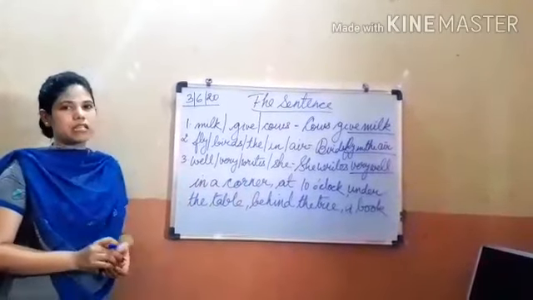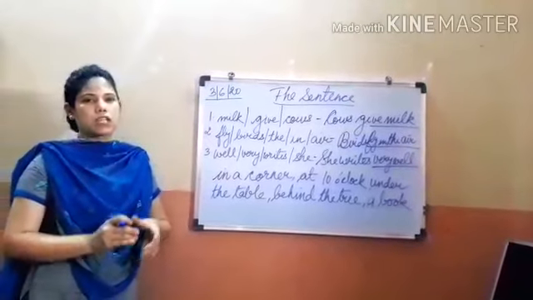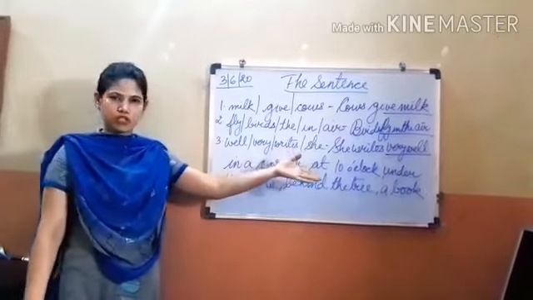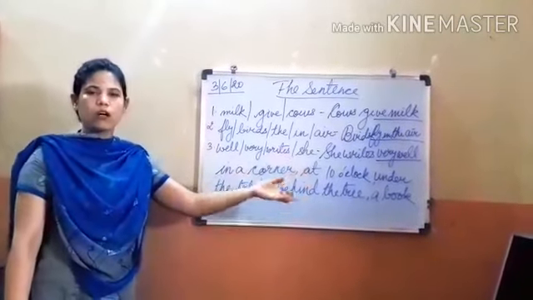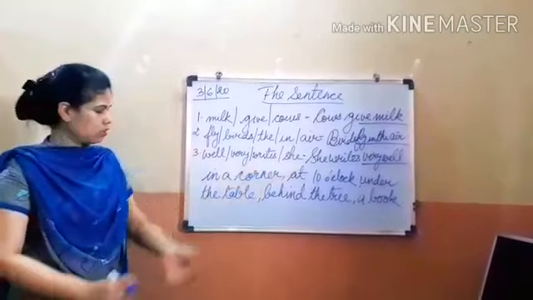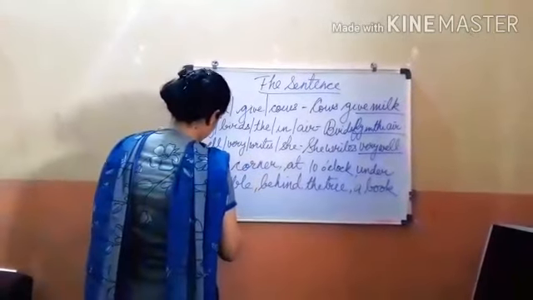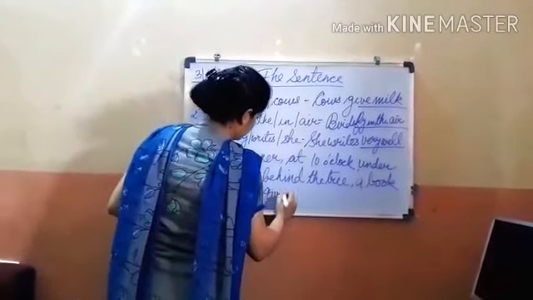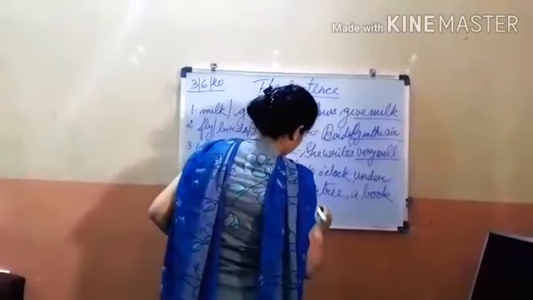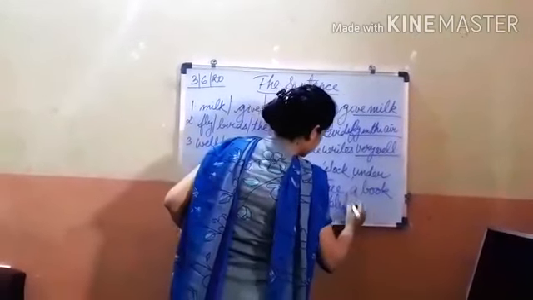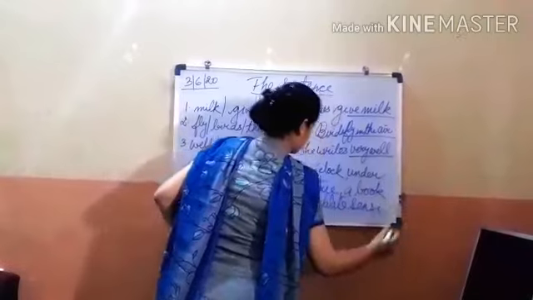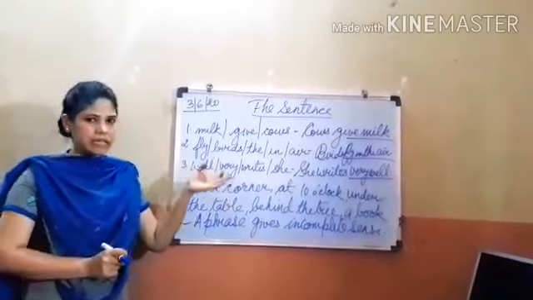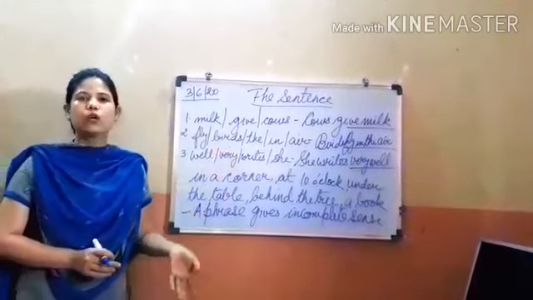So I can define a phrase as a group of words that gives an incomplete sense, and neither starts with a capital letter nor ends with any punctuation mark like a full stop, question mark or exclamation mark. A phrase gives incomplete sense. It doesn't give any complete meaning. So this is all about the difference between a sentence and a phrase.